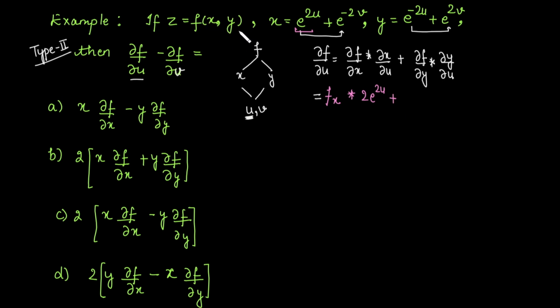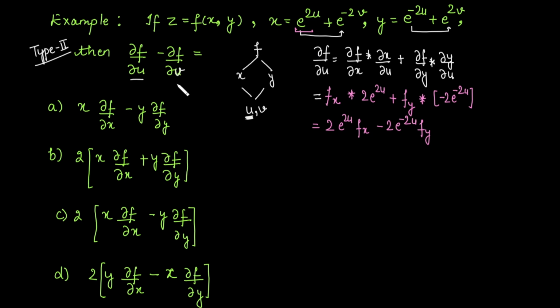As the function is not given to you, we will keep it as it is, into the derivative of y with respect to u, minus twice of e raised to power minus 2u. This is equal to twice of e raised to power 2u into fx, minus 2 e raised to power minus 2u fy. That is the partial derivative with respect to y.